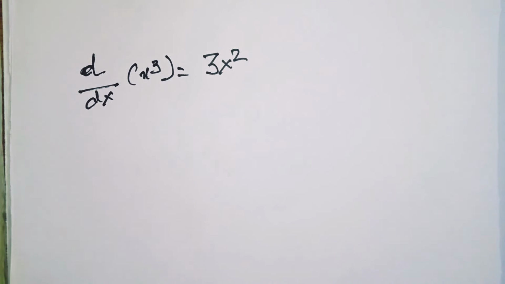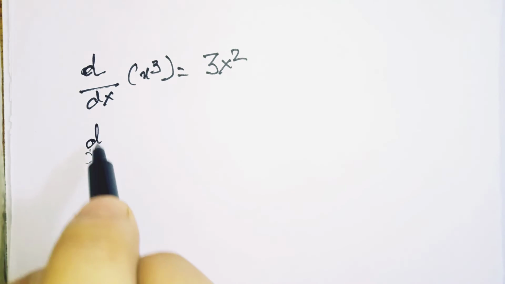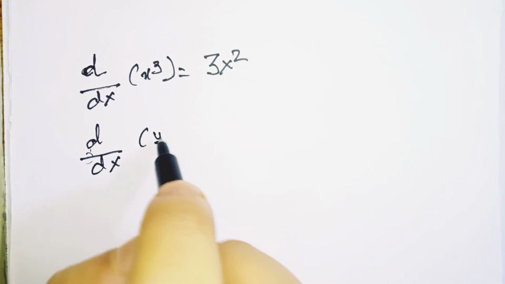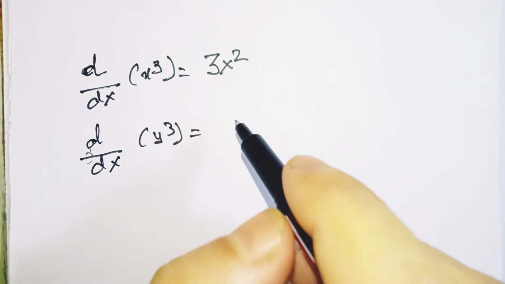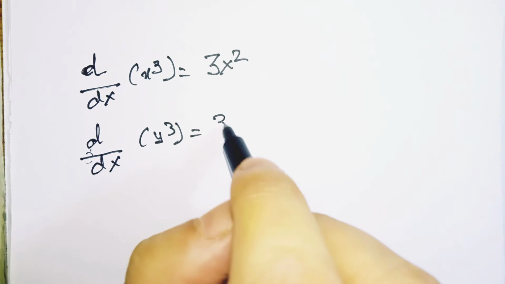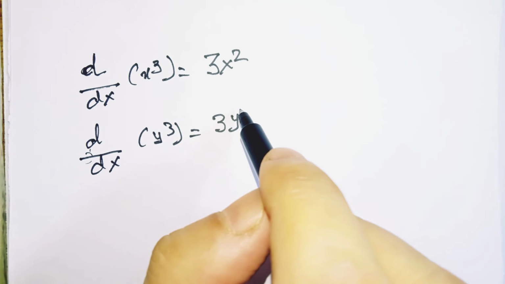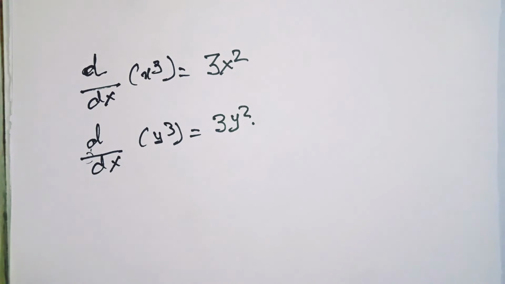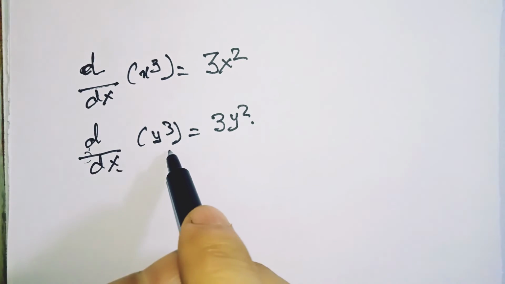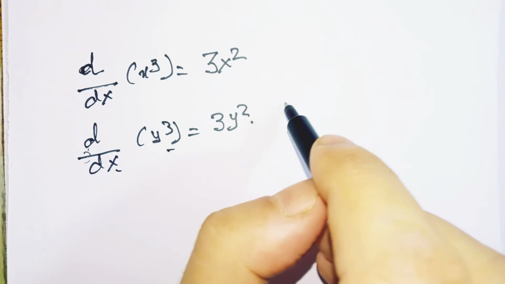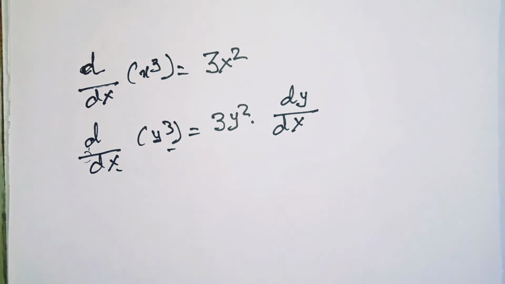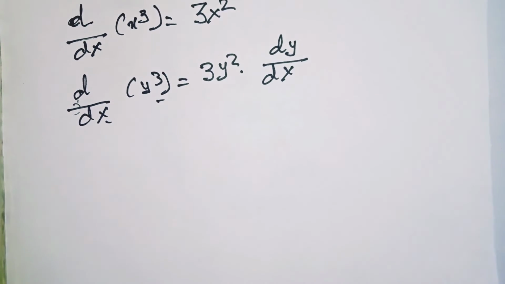Then we further write d by dx of y cube. So we write it as 3y squared. And because this is x and y, which is not matching, as I showed you, we need to put another term, which is dy by dx, because this is an implicit differentiation.